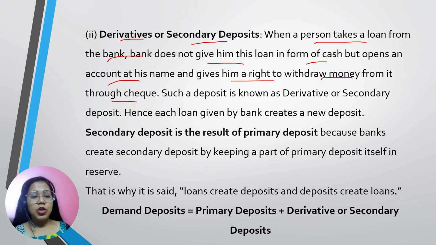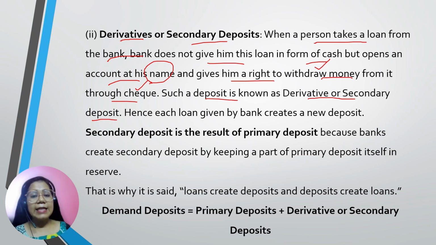You would have seen your parents doing the same: when they take out a loan, they don't get cash from the banks. What they get is an account in their name which has the same amount of loan that they have taken from the banks, and they can withdraw money from this account through check. Such a deposit is known as a derivative or secondary deposit.